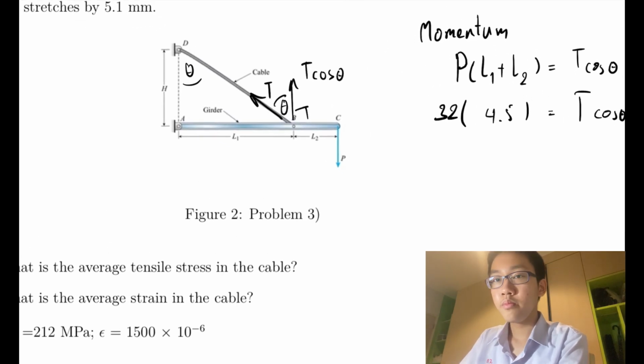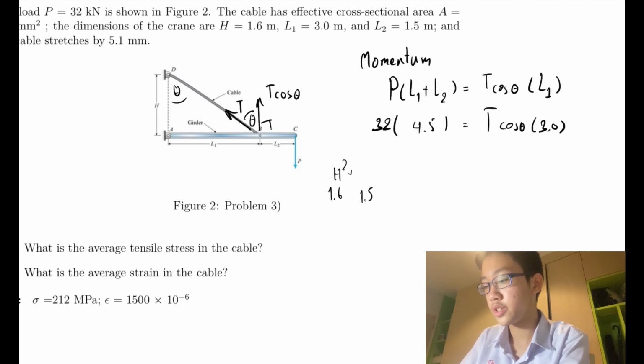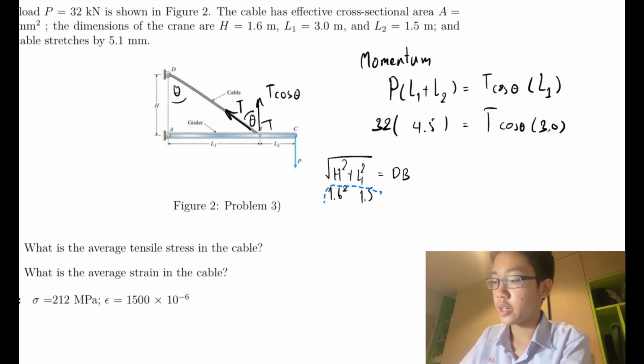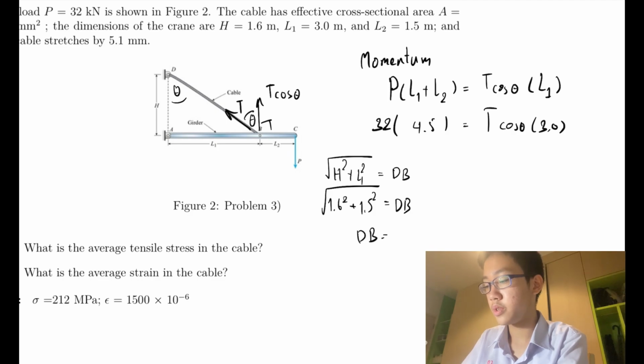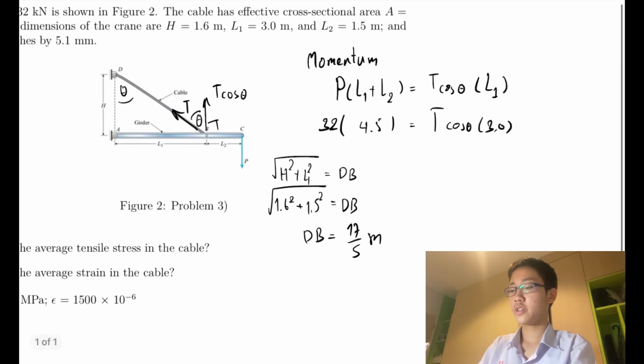So H is equal to 1.6 and L1 is equal to 1.5. The square root of H squared plus L1 squared is equal to the length of dB. Substituting H and L1, we get dB equal to 17/5 meters.